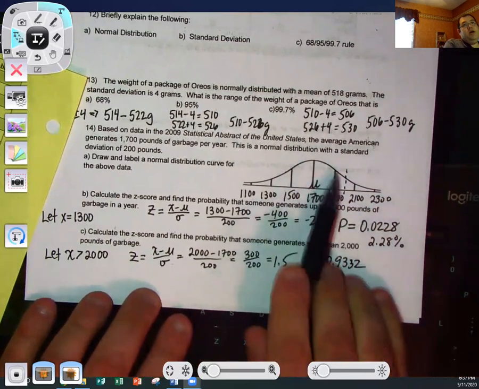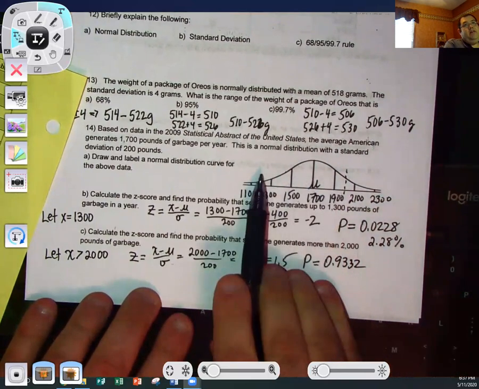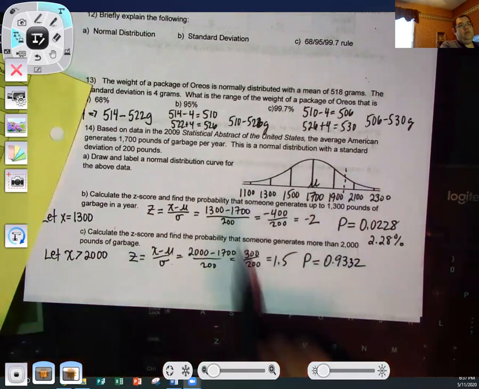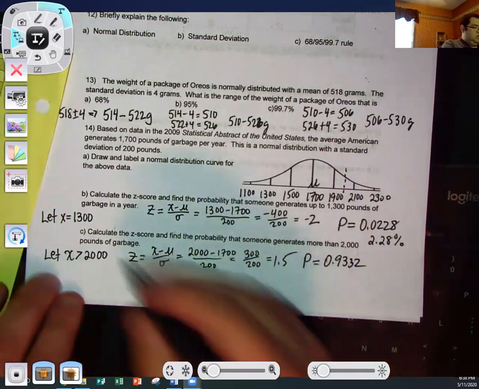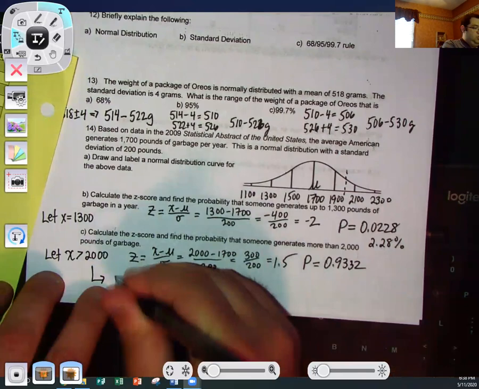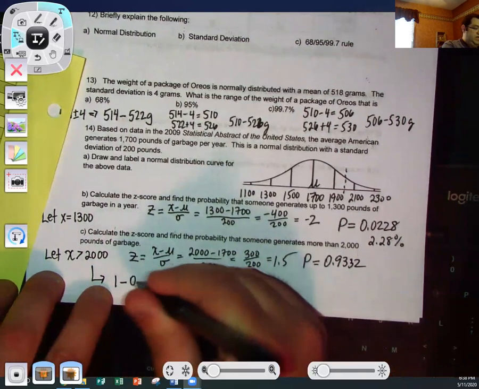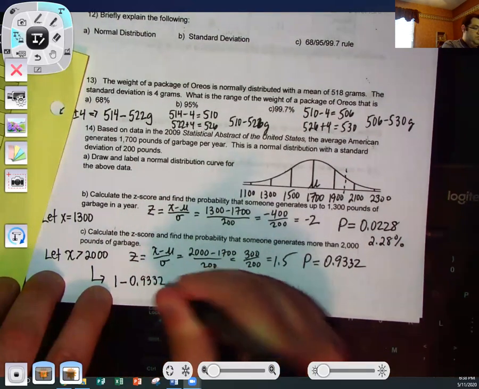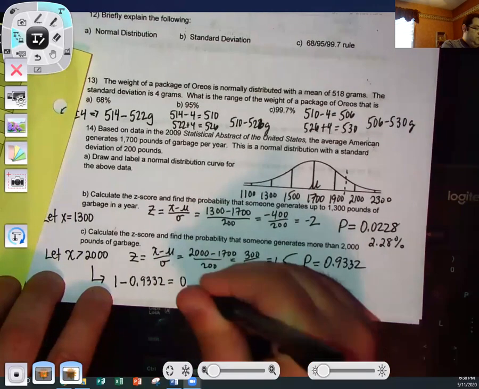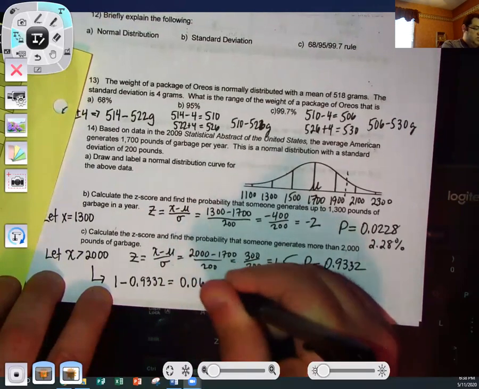That would represent the probability of everything to the left. I want the probability to the right. So to find this, we have to do 1 minus 0.9332 to get a probability of 0.0668.